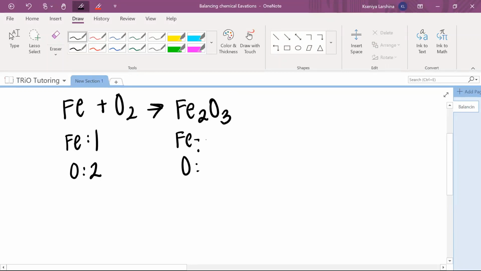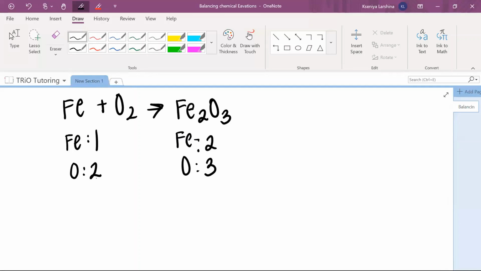And then here you have 2 irons and 3 oxygens. So in order to balance this at first, you see you have 2 of these and 3 of these oxygens, and you only have 1 and 2, respectively, of iron and oxygen.